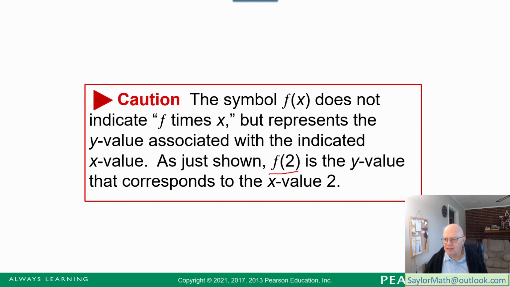And this represents, take 2 for x, put in the function for every x, change every x to a 2, and then evaluate it either mentally or with your calculator to find out what the y value is. So remember, this gives you an ordered pair. 2 is your x value, and whatever you get from f of 2 is your y value.